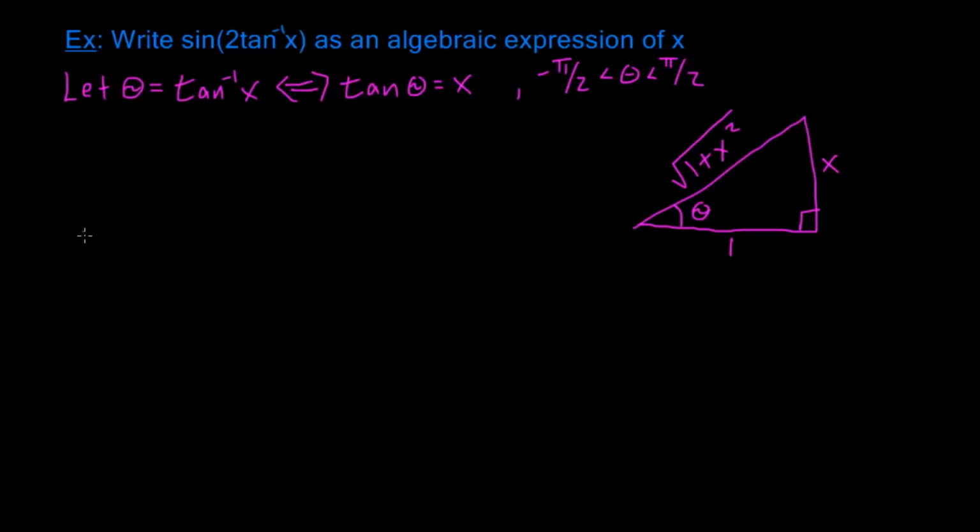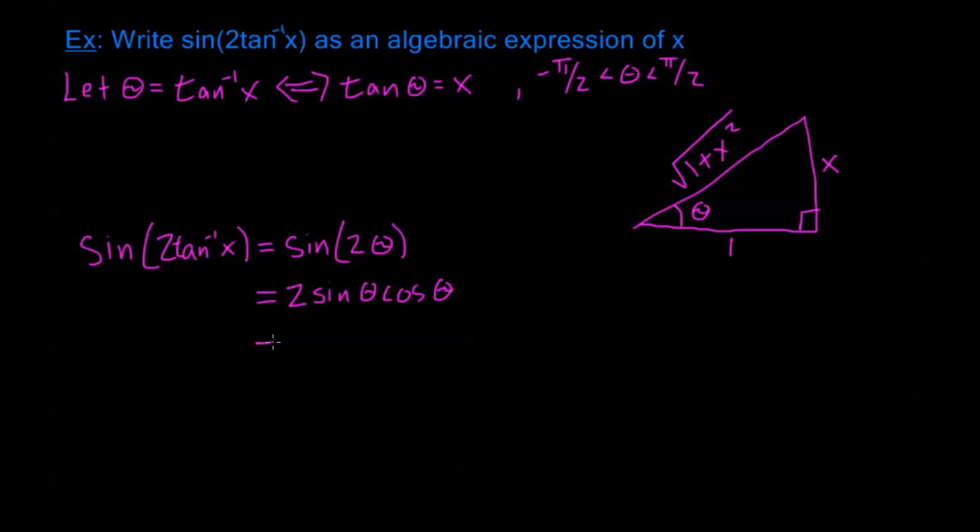My sine of 2 tangent inverse of x, with our substitution, this is the same as sine of 2 theta. And now we have our double angle formula. We know this is just 2 sine theta cosine theta.